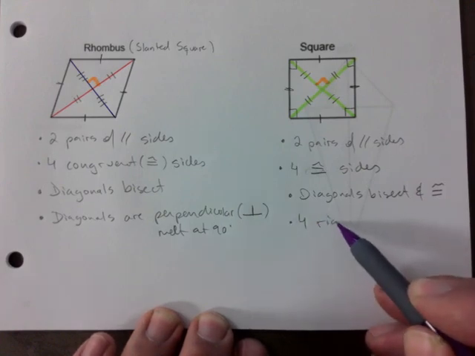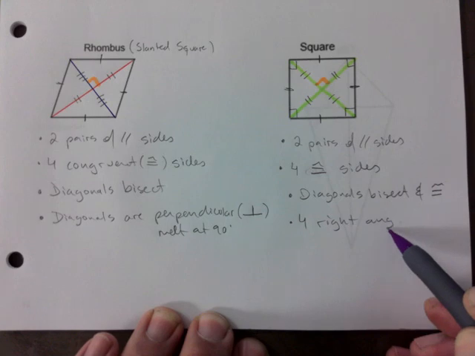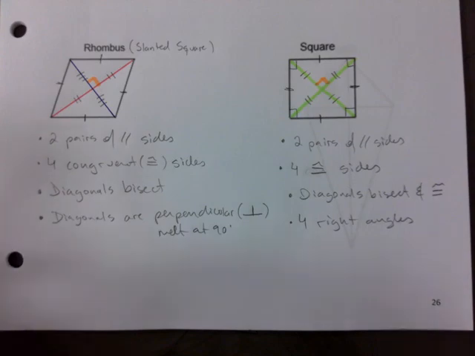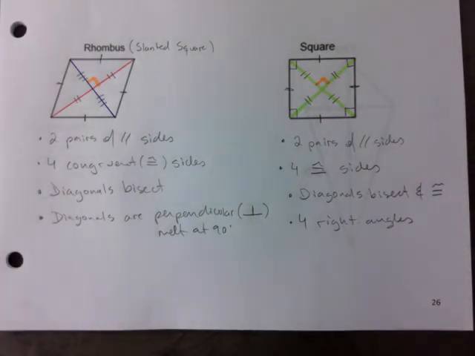Four right angles. I think we're good. There are more, but we're not going to explore them all. If you have two for each, you're actually in good shape. If you know two properties of each, you're probably in pretty good shape.